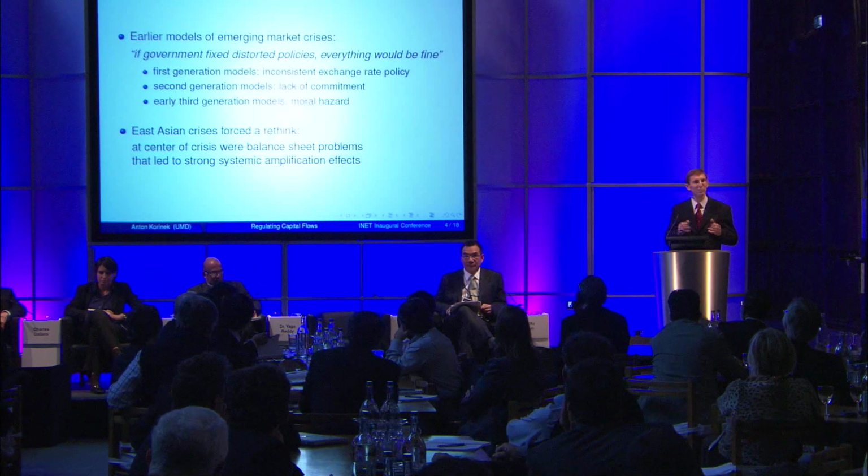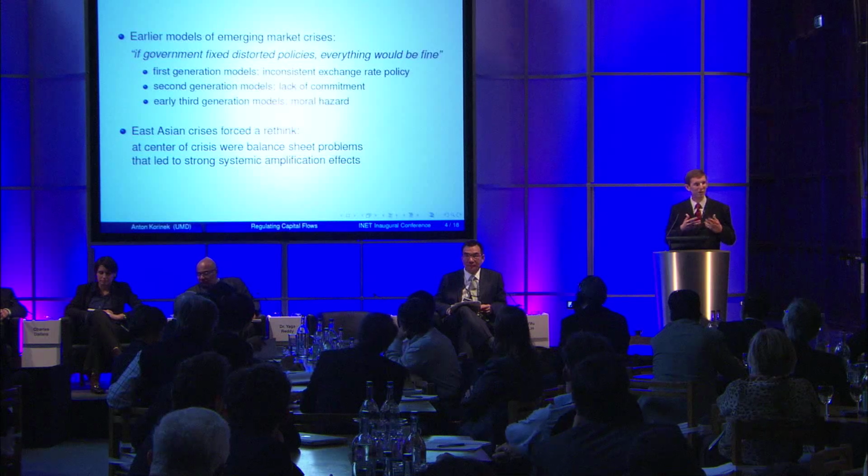That leads to a very simple conclusion. If only the government could fix its policy distortions, then everything would be fine. But we should basically not touch the structure of the global financial system.